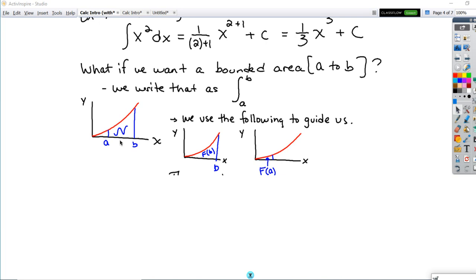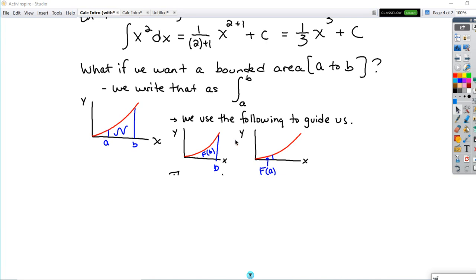So if we were looking to find the area between a and b, we could use the fact that once I know the area formula, I plug in either the value a or the value b, and I'll get the total area from 0 all the way up to whatever value I plug in.